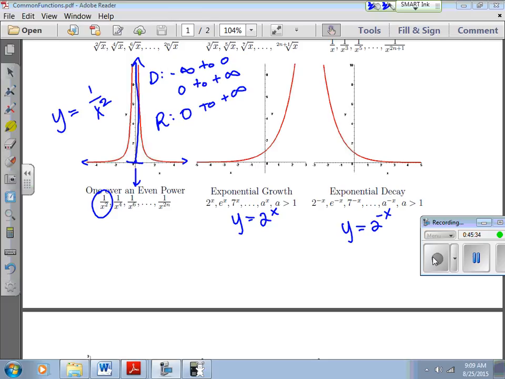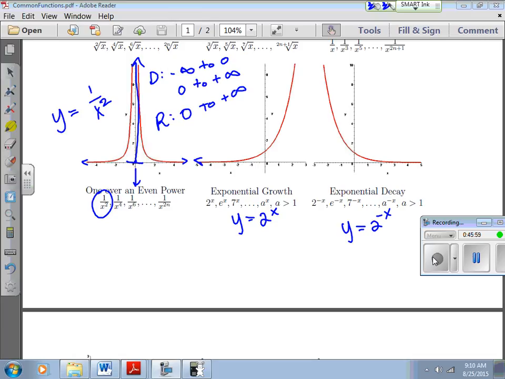All right. And for exponential growth, so what do you think? Will we be able to go all the way on the x-axis forever that way? Yeah, you'll get a point. So from negative infinity to, this is the graph of y equals 2 to the x.